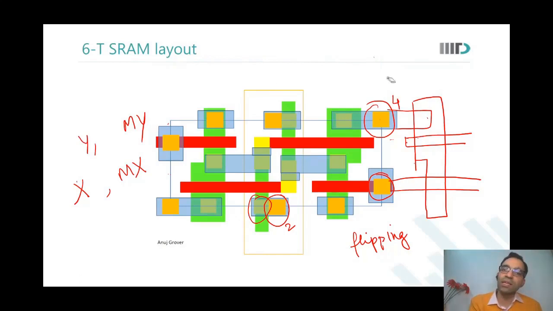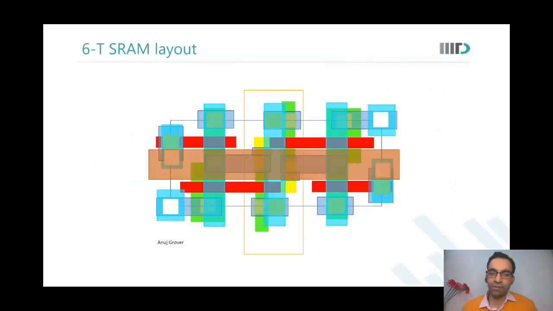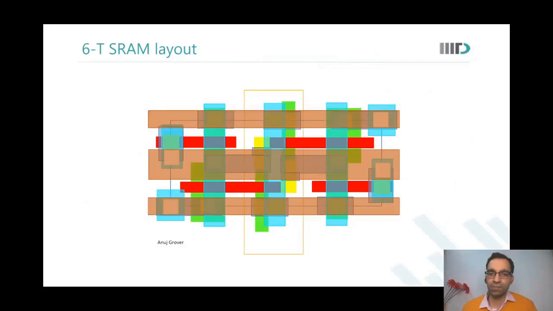What I am telling you is that when we abut memory cells, because we want to do sharing, we mirror the cells, we flip the cells, so that we come into an array formation. We will just look at one of the array formations. So these are the bit lines, the word line stubs, the word line, and the ground connections.